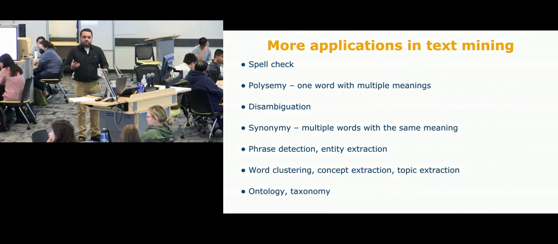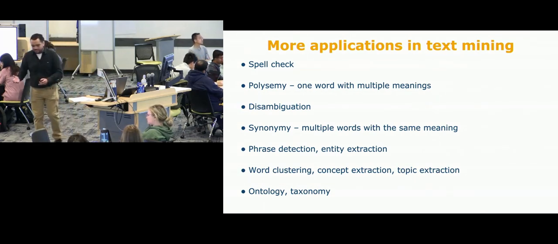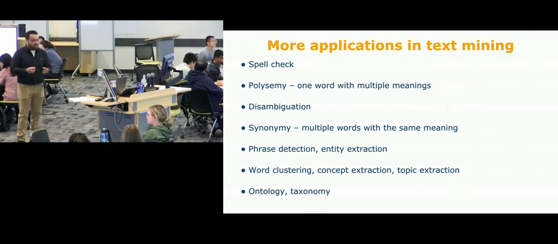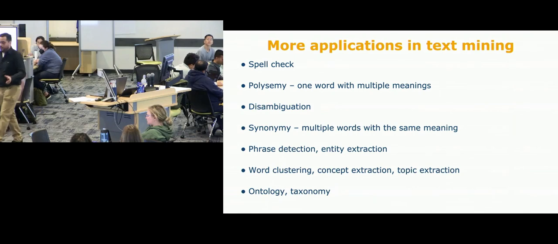Now you can see the correlation patterns, or the mutual information, of the word bank in the two senses that I just gave would be quite different. It can also be used to find synonyms, phrase detection, entity extraction, word clustering, and so on. So there are lots of applications of this simple mutual information rule.